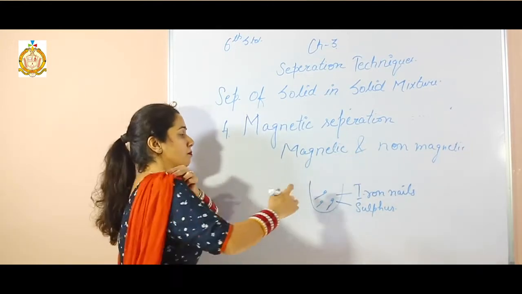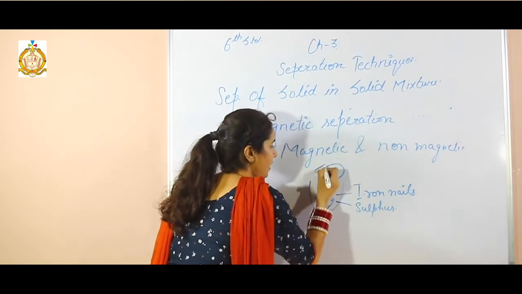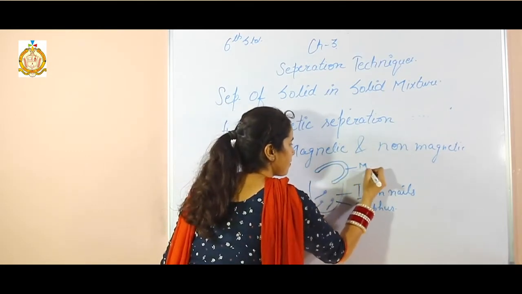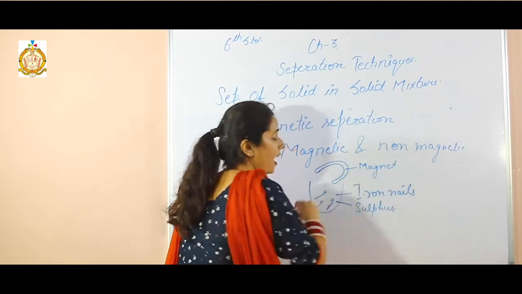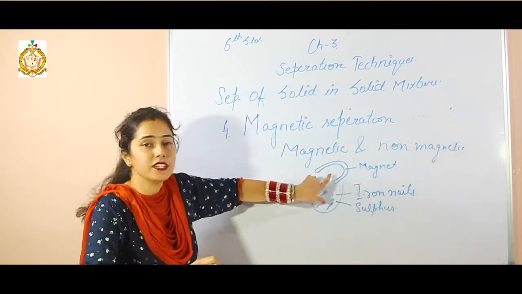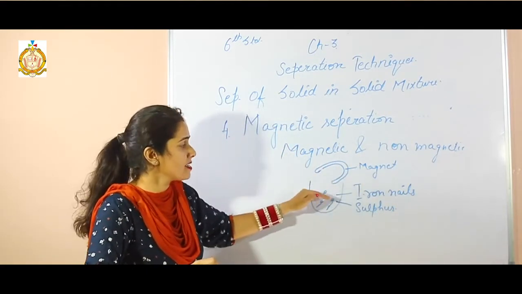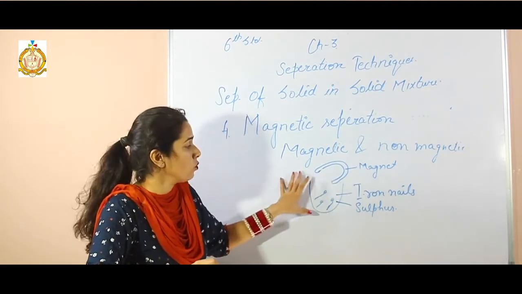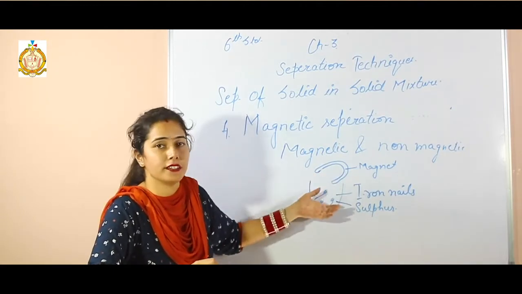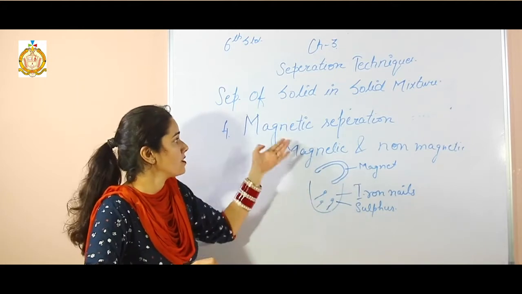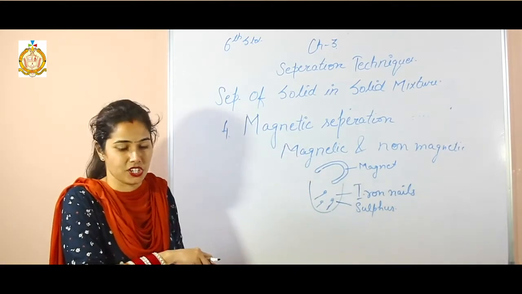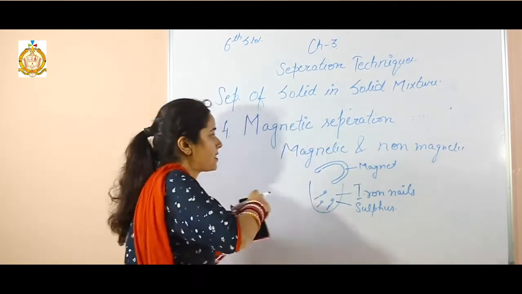With the help of a magnet. Here we can take a magnet, and when we rotate this magnet over the iron nails, they cling to it, and the iron nails are separated from the sulfur. So this is the process of magnetic separation. The next one is sublimation.